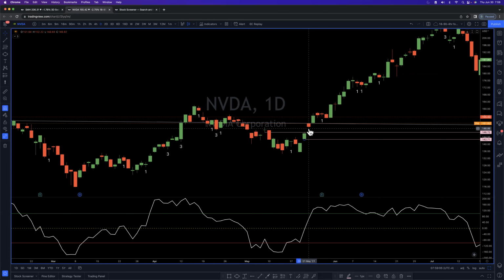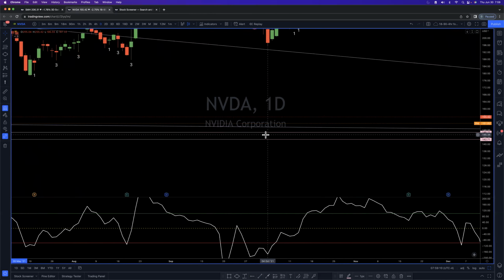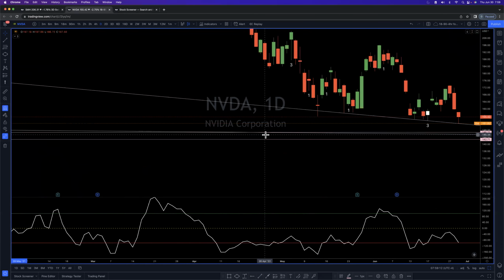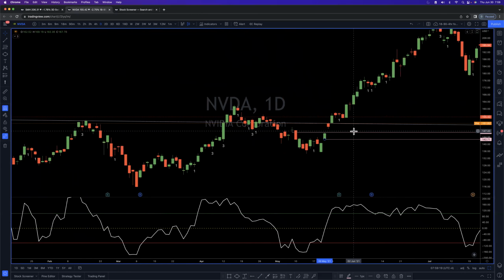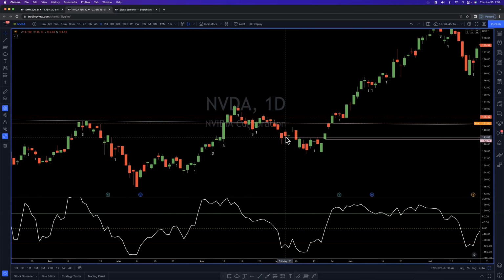If it takes out this area though, hold on one second, 146.72. What was this? 146.89. Okay, perfect. All right, so I'm going to make a change here because that's going to take that guy. I like this better.